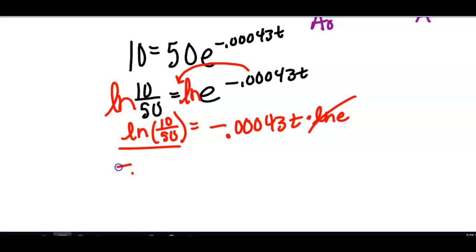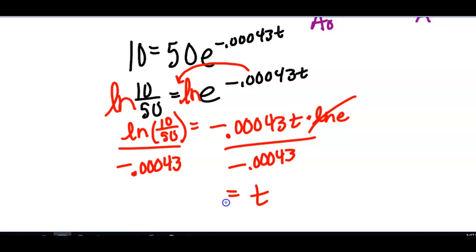So all I need to do is divide by negative 0.00043 and I'll have t. So the natural log of 10 divided by 50, all in one parenthesis, and then that whole thing divided by negative 0.00043 is 3,742.9.